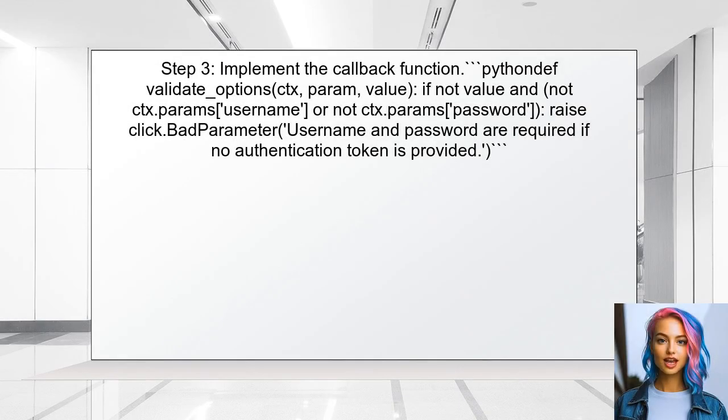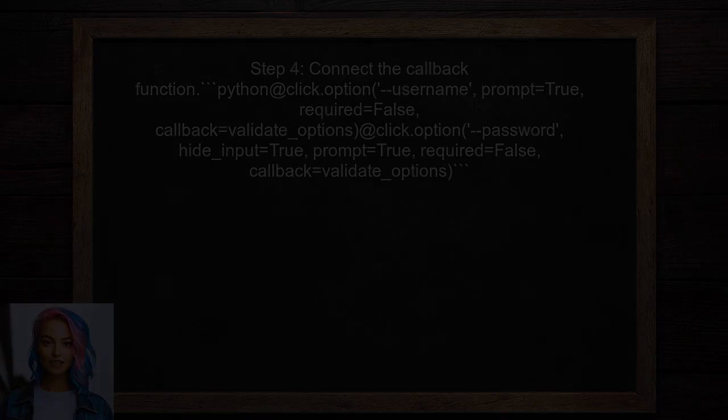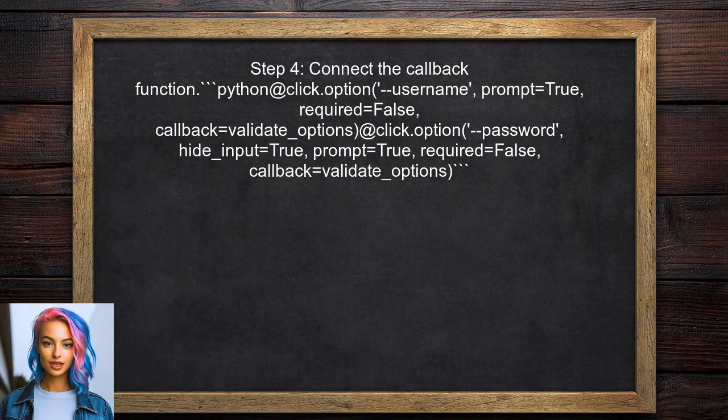Now, the user needs to implement a callback function that checks if the authentication token is provided. If it is not provided, the function should ensure that both the username and password are required. Finally, the user should connect the callback function to the username and password options. This will enforce the requirement based on the authentication token's presence.